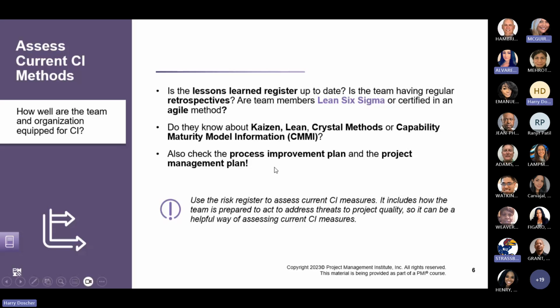Okay, so as a project manager, you want to check the process improvement plan that you created in the project management plan.